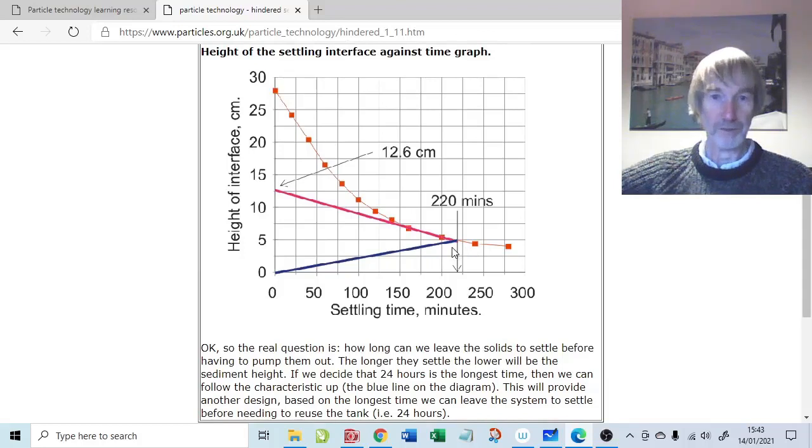How long can you leave it to settle? We've worked out that the minimum is 220 minutes, but of course we could leave it for longer than 220 minutes. It will have settled down further, and if it settles down further, we could have a less wide tank and a taller tank, which is clearly what we want to have.